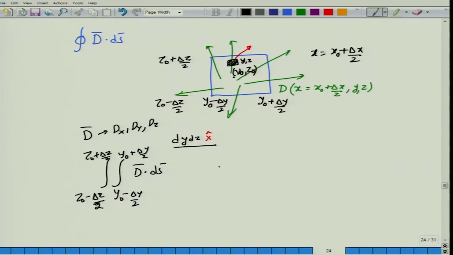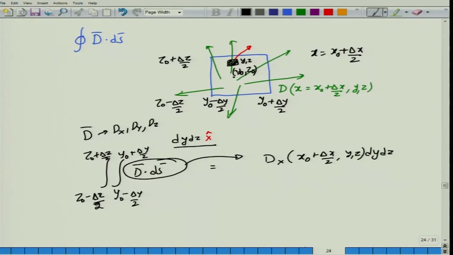The integrand will be equal to Dx evaluated at x naught plus delta x by 2, y and z, multiplied by dy dz, because the vector area here dS is given by dy dz x hat, and the component of D that will give a non-zero value is only the x component, which is being evaluated at x naught plus delta x by 2.